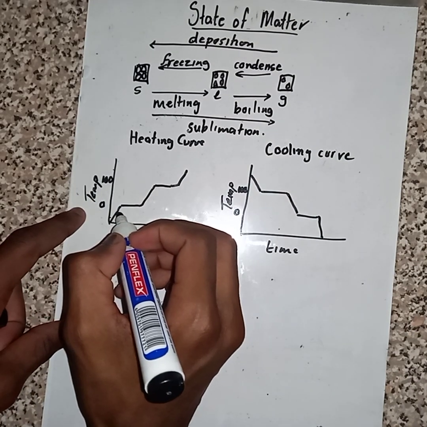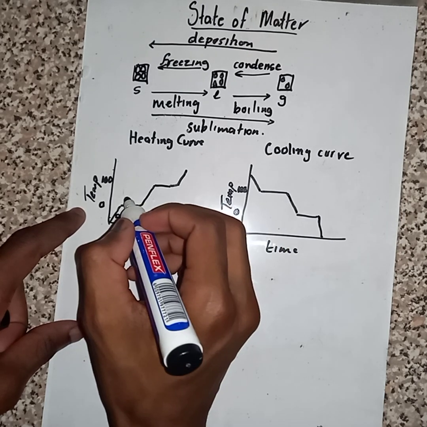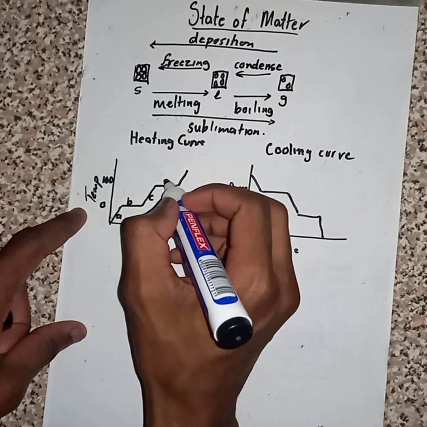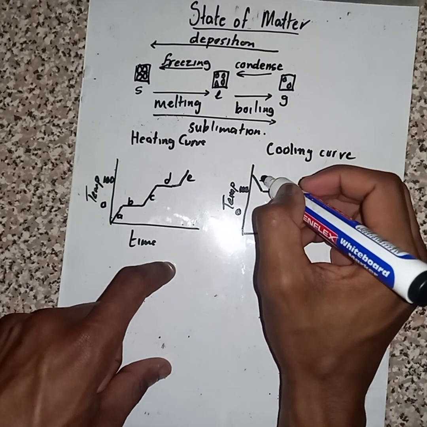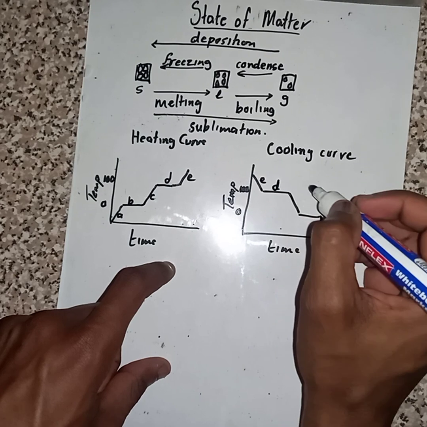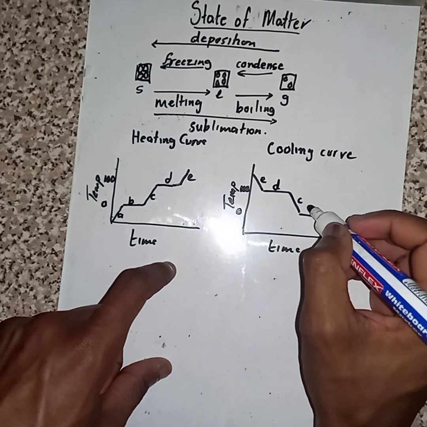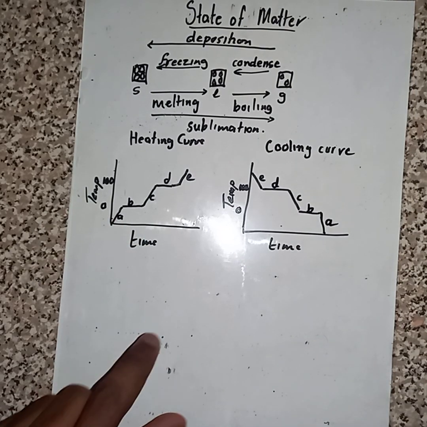We have A, B, C, D, E. Say I have E, I have D, C. We have B somewhere here, and here we have A.